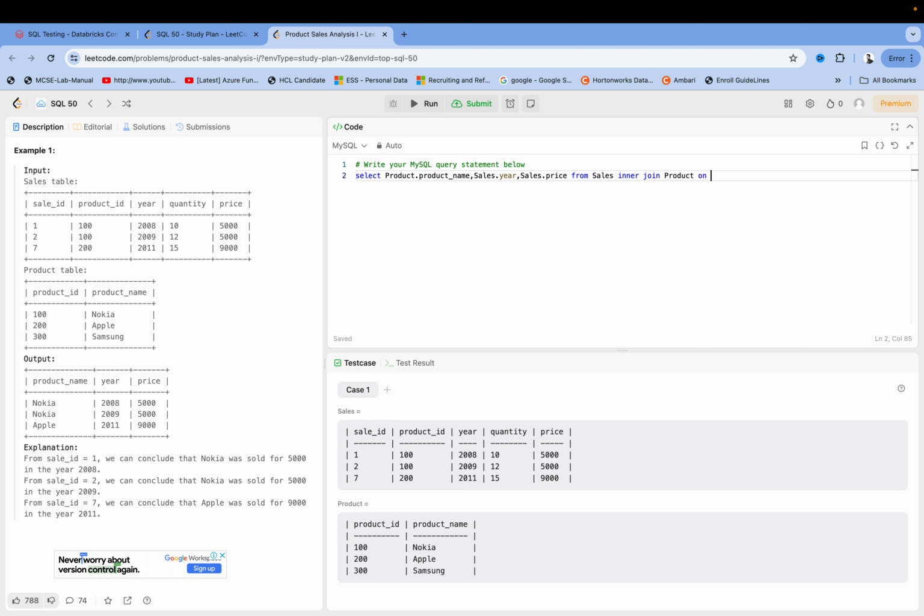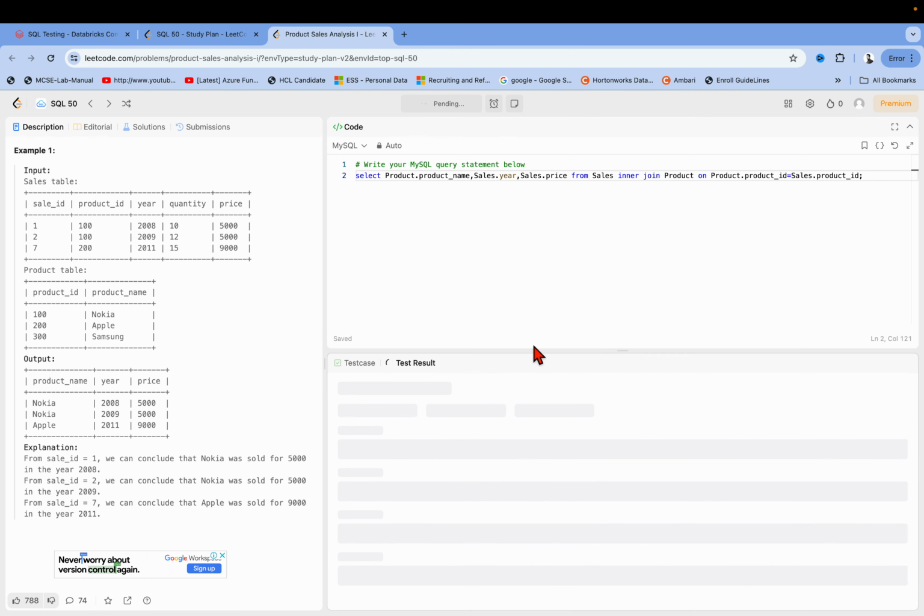And on condition, what is the condition? We have a product ID similar. Okay, we have the product ID, so product ID will mention product dot product ID and sales dot product ID, sales product ID. So let's try.